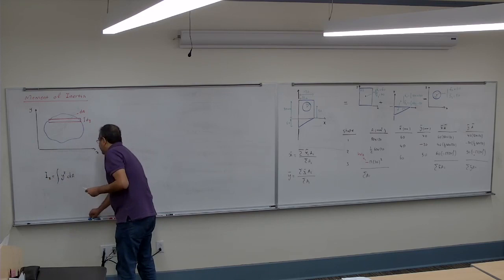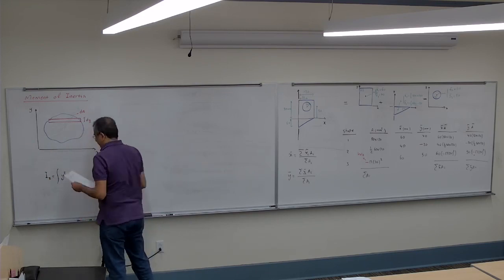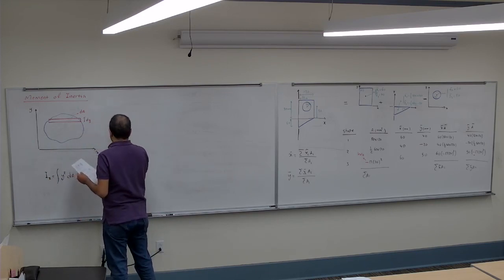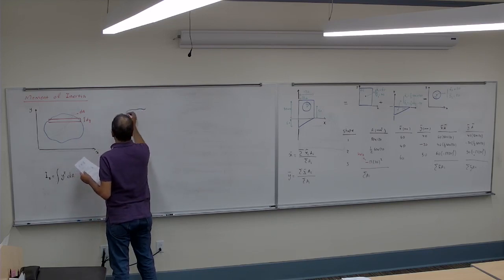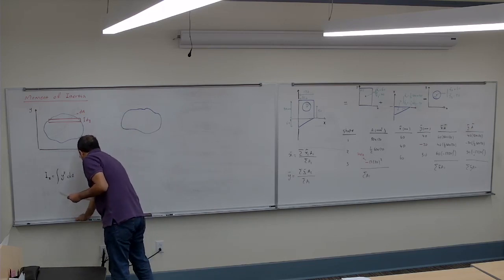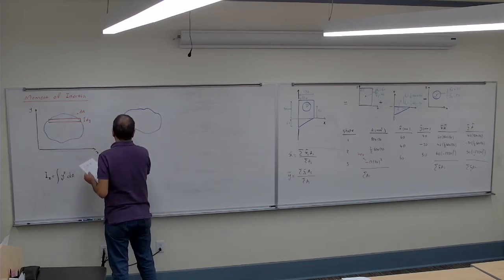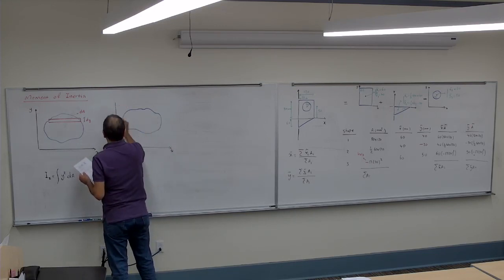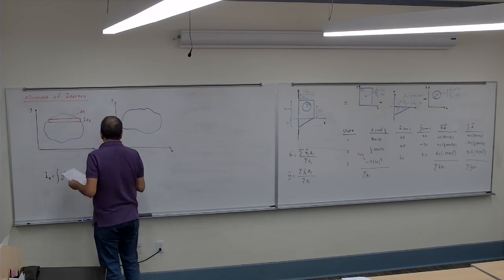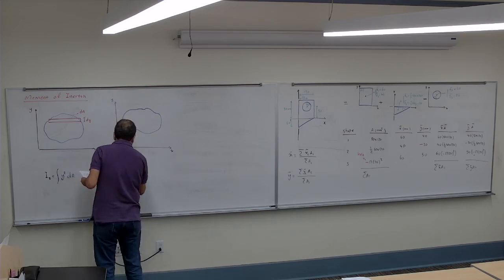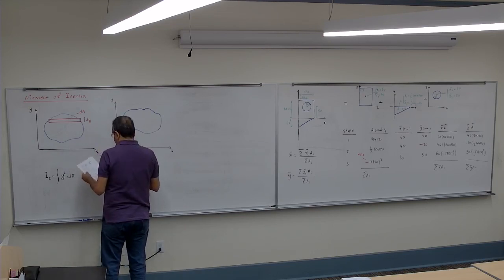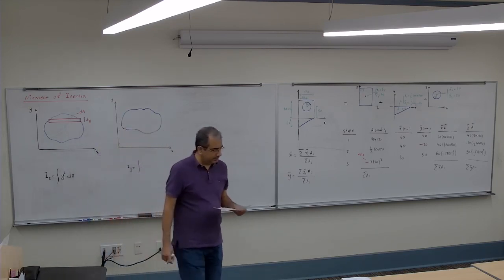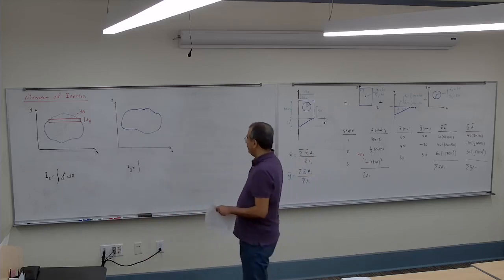Now if I have the same shape, with X and Y, and I want to find the moment of inertia about the Y, the I about the Y is going to be x squared dA.